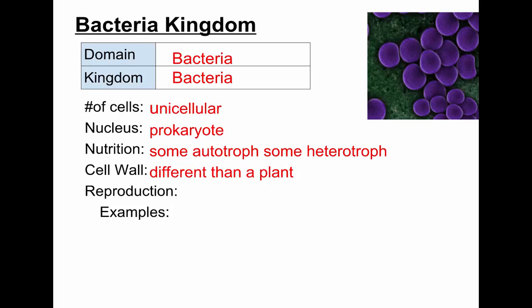It's not the same cellulose found in a plant cell. Bacteria are often classified by what their cell wall is composed of and how it reacts to different stains. They also reproduce asexually through binary fission, like archaea.